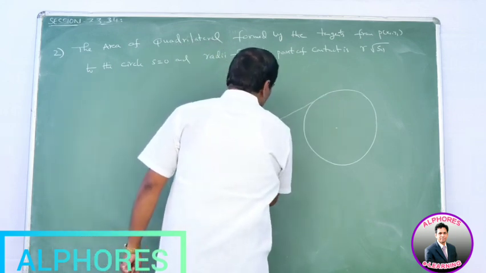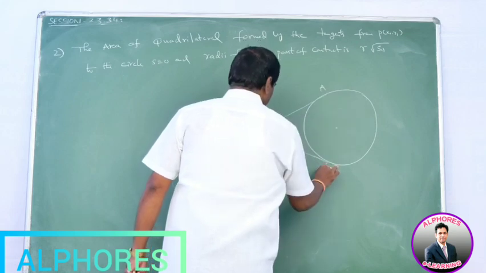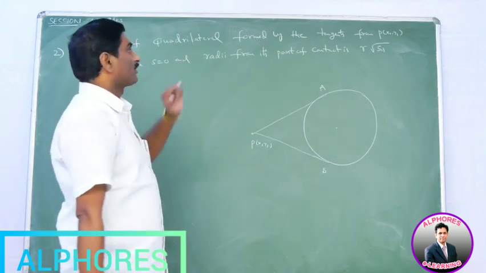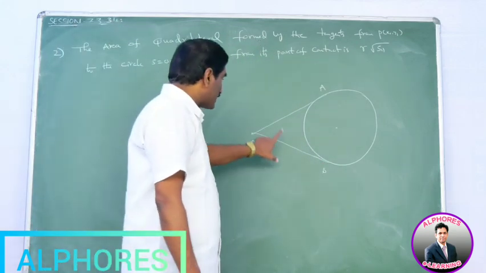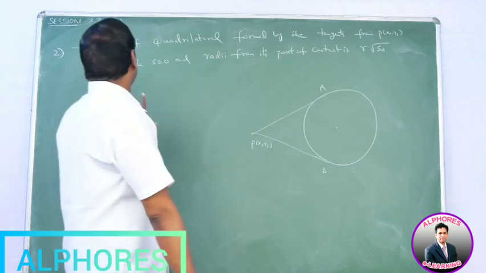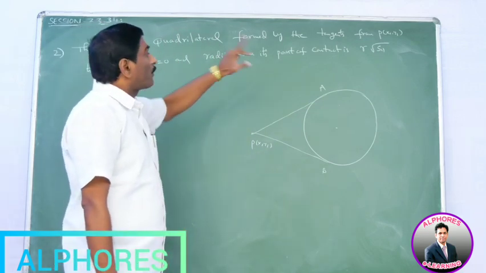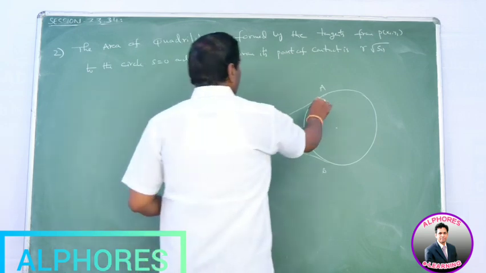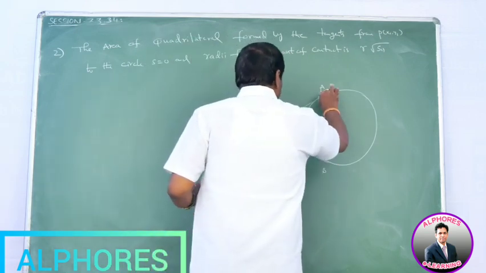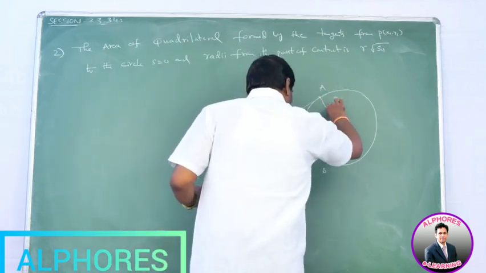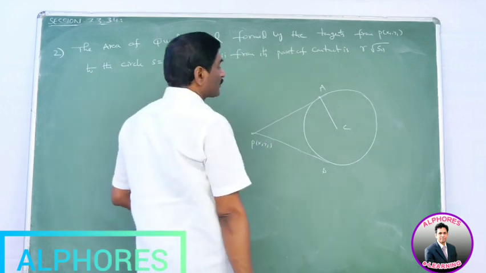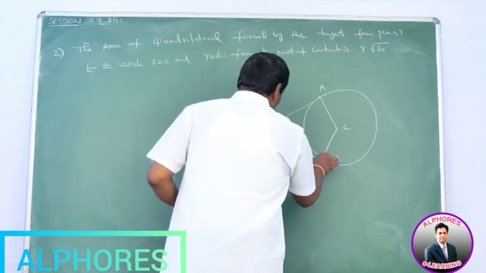PA, PB are two tangents, and the radii from its points of contact. Points of contact are nothing but A, B. Radius means the line joining this point of contact and center. AC is one of the radii, BC is another radius.